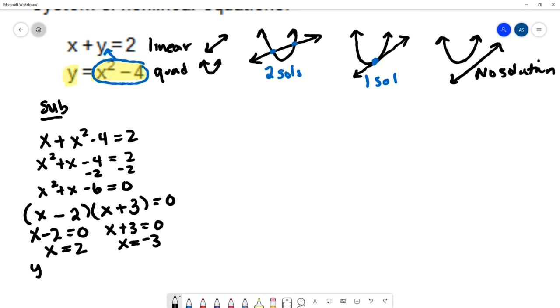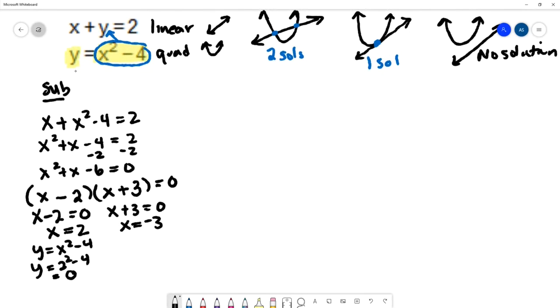So using y equals x squared minus 4, y is 2 squared minus 4. 2 squared is 4, minus 4 is 0. So that gives one of our solutions to be the ordered pair (2, 0). The other solution would be y equals negative 3 squared minus 4.